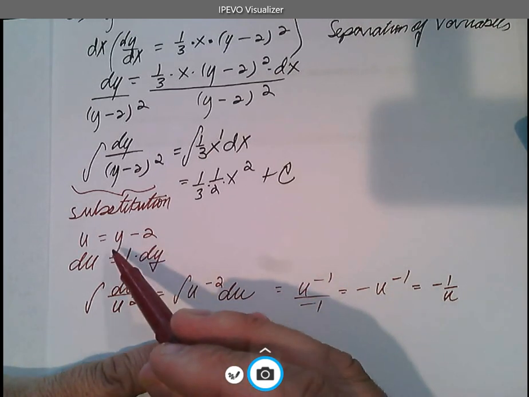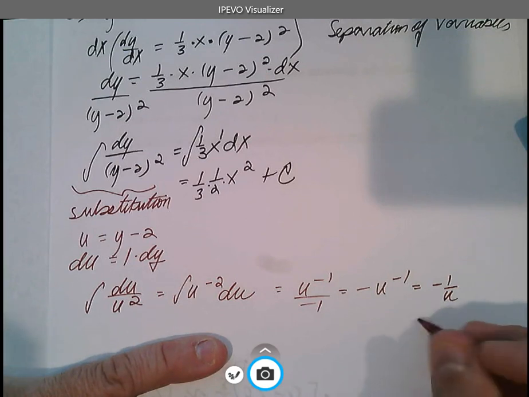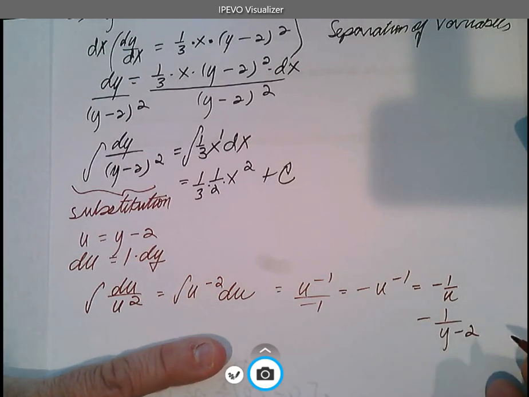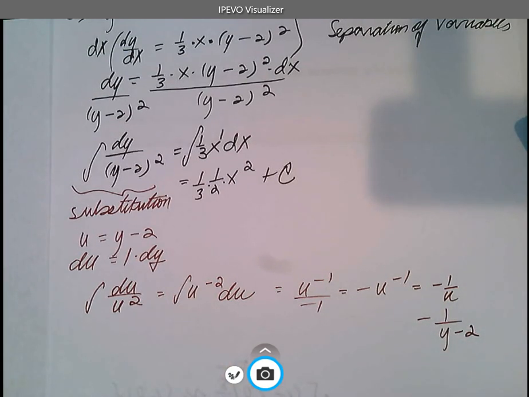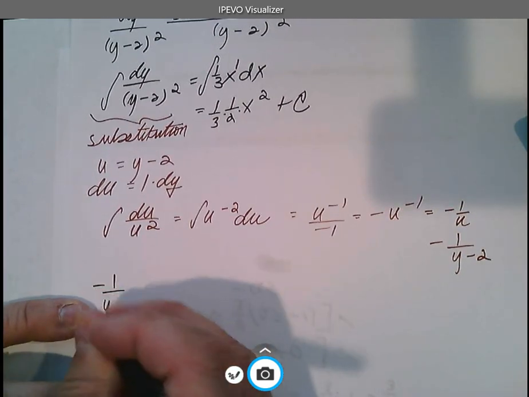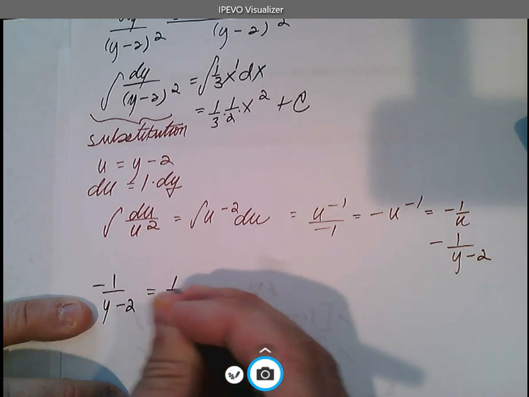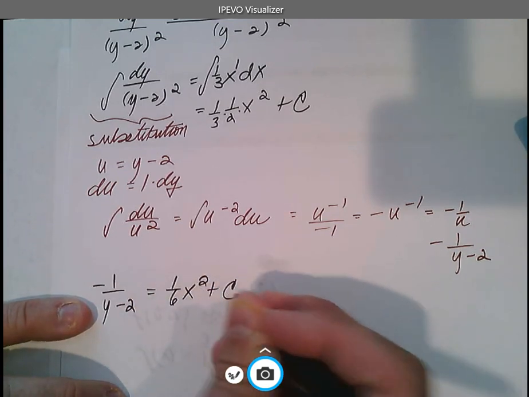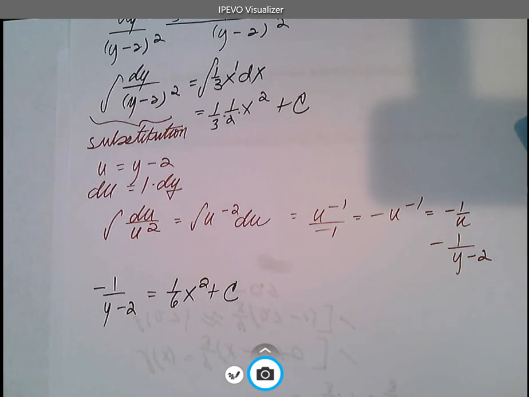We're doing substitution. u is y minus 2, so we have negative 1 over y minus 2. Pulling everything back together, we have negative 1 over y minus 2 is equal to 1/6 x squared plus c.